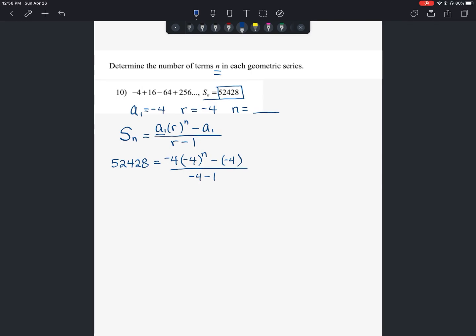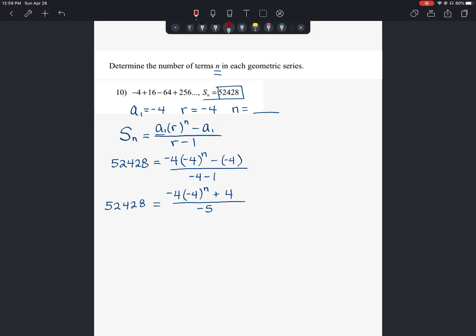Okay, so that's going to help us solve for n. Let's simplify it a little bit. We have -4 times a -4 to the power of n. Can't do anything there. We're going to add 4 instead of subtracting the -4. And then underneath, -4 minus 1 is -5. So we've got 52,428 equals that expression.